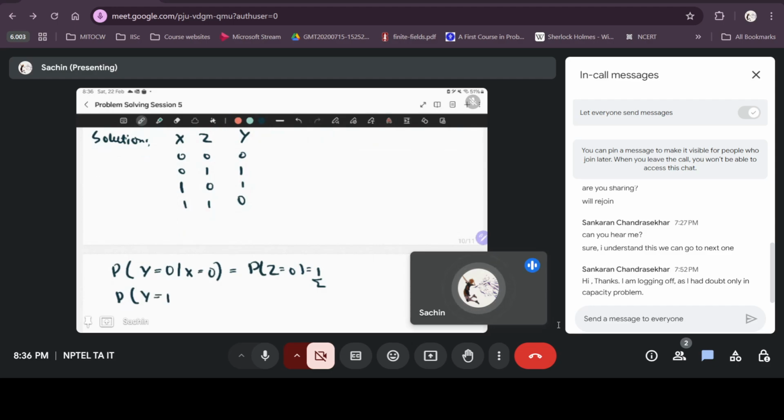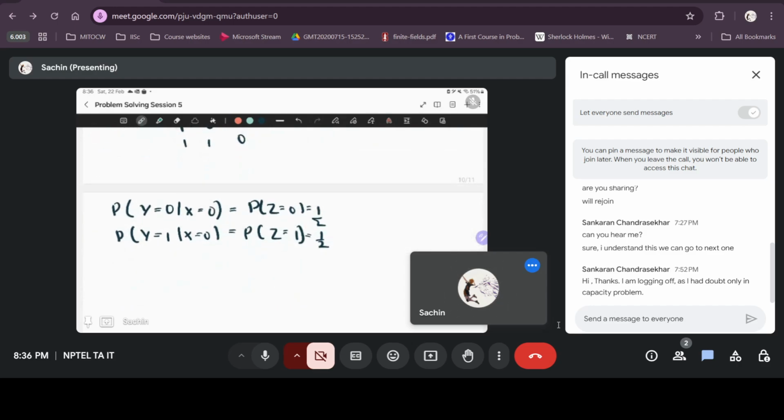P of y equals 1 given x equals 0 is the probability that z equals 1, which is half. Similarly, probability that y is equal to 0 given x equals 1 is the probability that z equals 1, which is half. And probability that y is equal to 1 given x equals 1 is the probability that z is equal to 0, which is half.